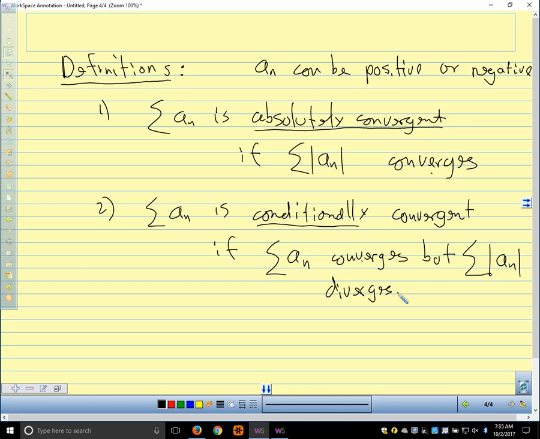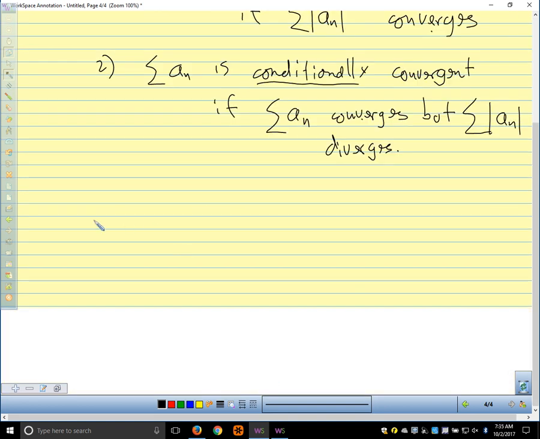And the nice thing about absolutely convergent series is that absolute convergence implies convergence.